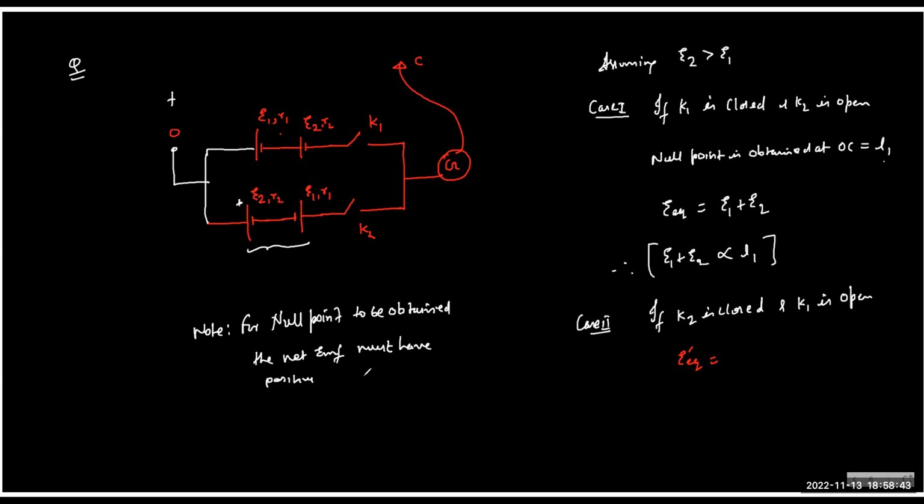So for null point to be obtained, the net EMF must have positive value on its left. I hope you got the idea.